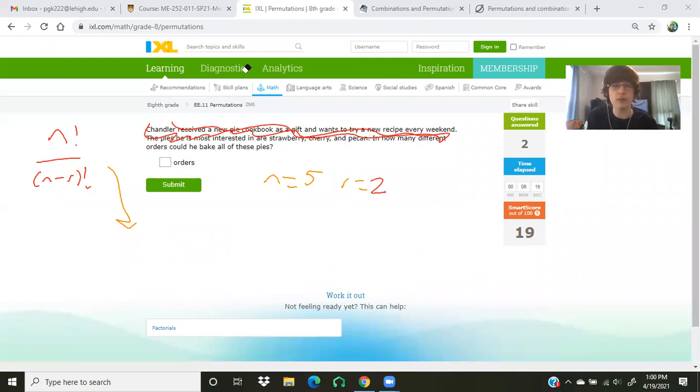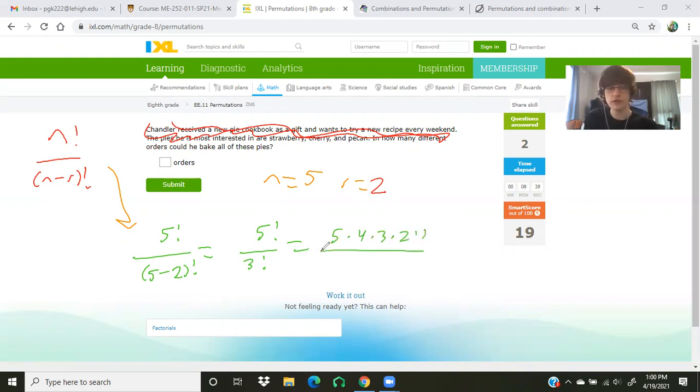Well, let's solve the problem again. We have 5 factorial over (5 minus 2) factorial, which is going to be 5 factorial over 3 factorial. Now we should probably write these out even more: 5 times 4 times 3 times 2 times 1 over 3 times 2 times 1.